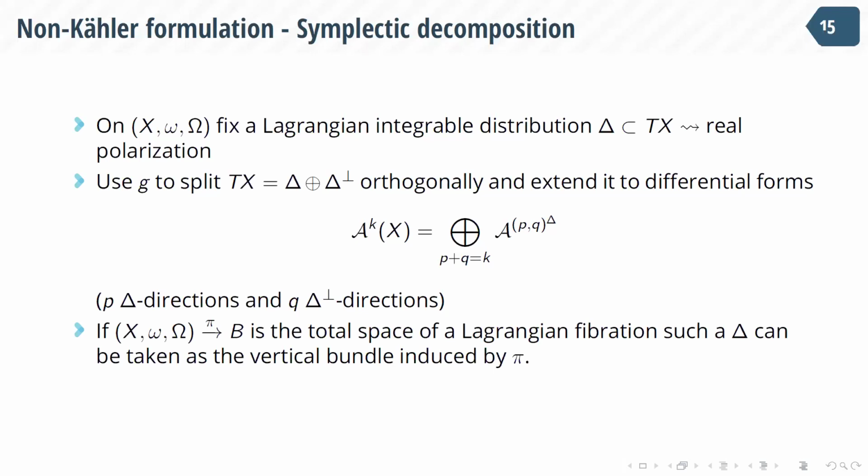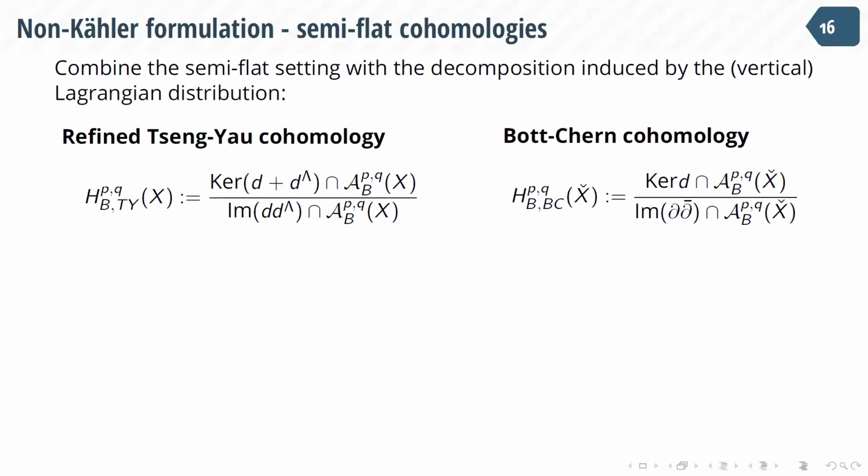And if moreover our SU3 symplectic manifold is the total space of a Lagrangian fibration, it's natural to choose as Lagrangian distribution the vertical one induced by the fibration itself. So combining the semi-flat setting that gives you a Lagrangian fibration with the decomposition used in the previous slide, we can define the refined Tseng-Yau cohomology, defined as before, but intersecting with the semi-flat forms.